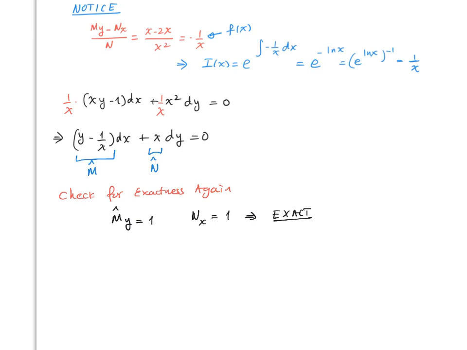After this point, we do exactly what we did before. So the partial of phi with respect to x, remember, is equal to M hat. This is the new M we have. If we integrate with respect to x, we end up with phi of x, y equals xy minus ln of x plus some function h of y.